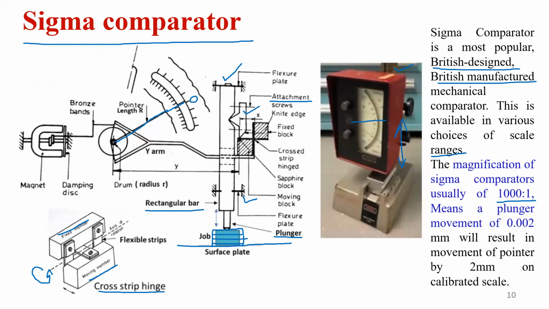Generally we use the slip gauges. So we pile up the slip gauges to the lower limit of the component, and then we can set the comparator to the lower limit by adjusting these knobs.